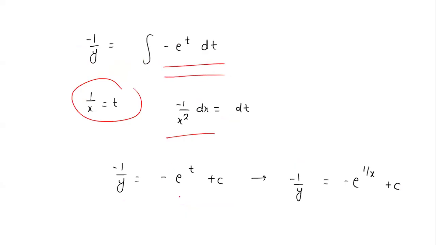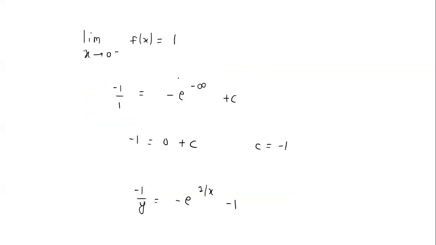So this integration is simple. The integration of e power t is e power t plus some constant of integration. You can replace t by 1 by x, and you will have this. Now we know limit x tending to 0 minus f of x is given as 1. So for x tending to 0 minus, this y value is 1.